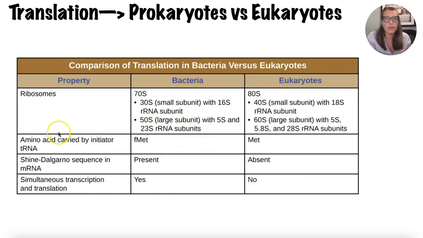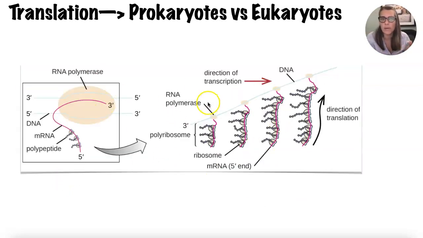They tell you about the initiator, and the fact that we don't have simultaneous transcription and translation in eukaryotes, which we already talked about, and this is the picture of that right here. This is prokaryotes. In prokaryotes, you do have that happening at the same time. We don't have that in eukaryotes.